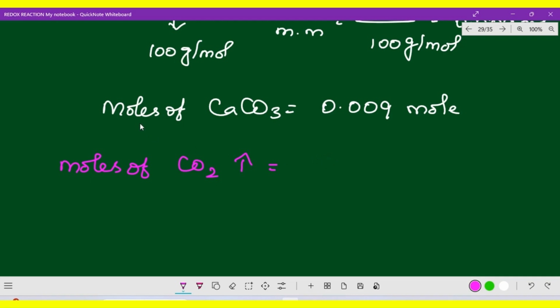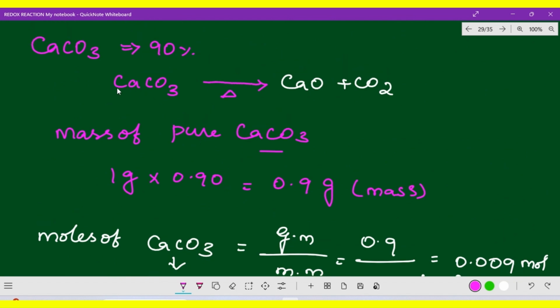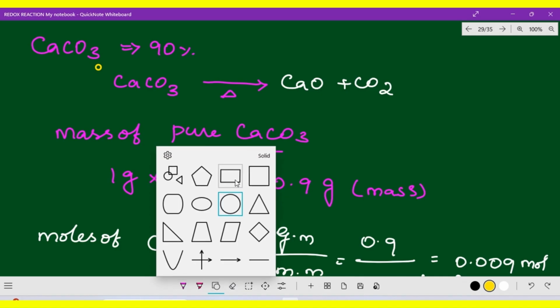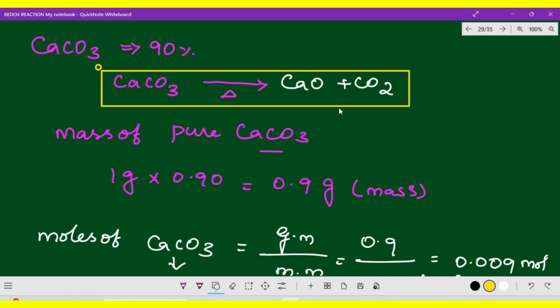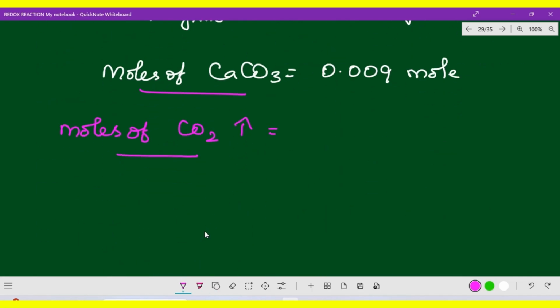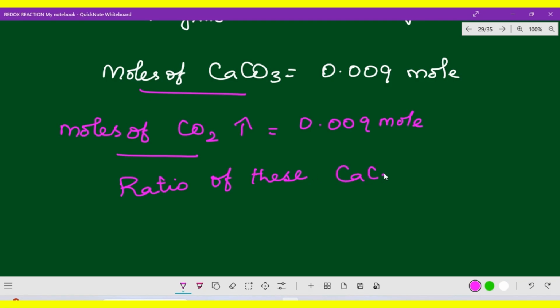Actually this is also the same. In the equation, 1 mole of CaCO3 gives 1 mole of carbon dioxide, so this mole is equal to this mole. So moles of carbon dioxide is also 0.009 moles, both are equal. Now the ratio of CaCO3 and CO2 is 1:1.